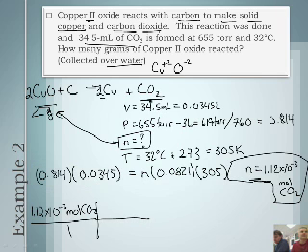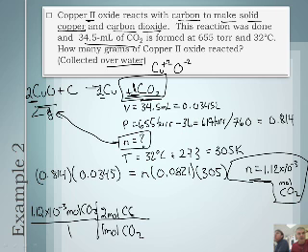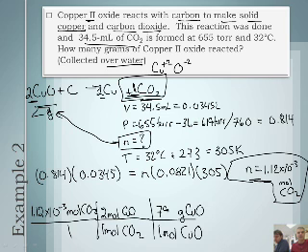I'll use my mole to mole ratio: 1 mole of CO2, and that 1 comes from the balanced equation, to 2 moles of copper 2 oxide. Now I'm going to use the molar mass of copper oxide: 1 mole of CuO to 79.5 grams of CuO. Moles of CO2 cancel, moles of copper oxide cancel.